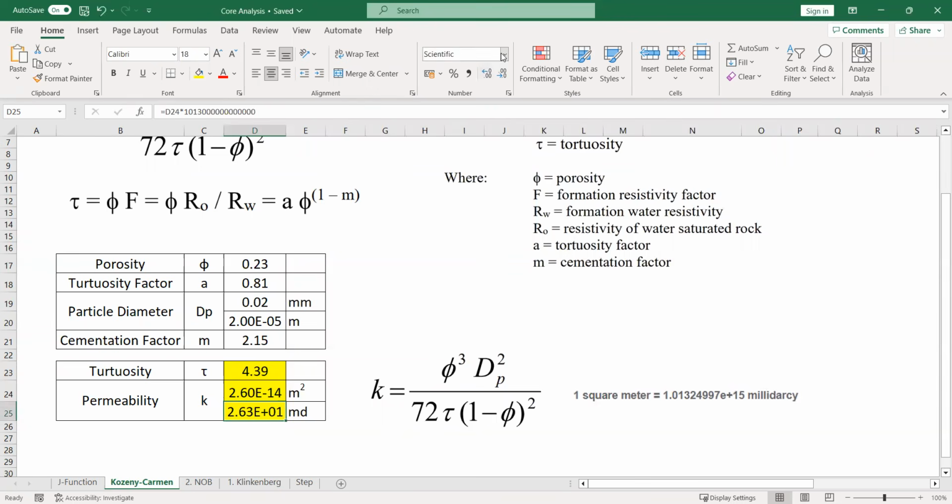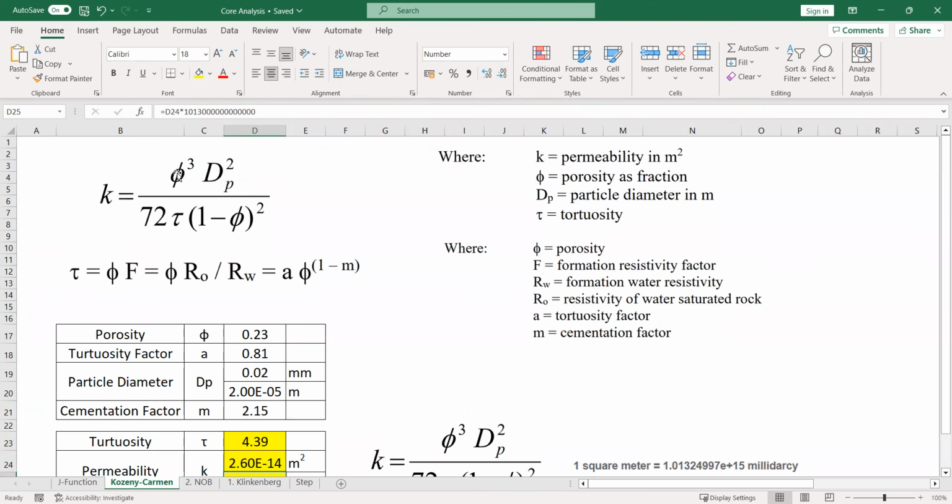Okay, so it's in scientific notation, change it to general. All right, so this is my permeability in millidarcies. All right, so it's very simple. Now we can estimate the permeability using the known data like porosity, particle diameter, and cementation factor, with the use of the Kozeny-Carman correlation.